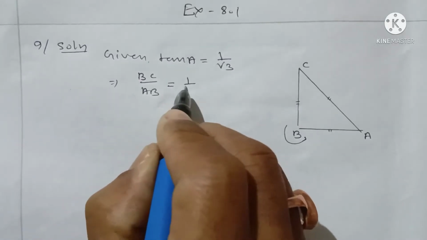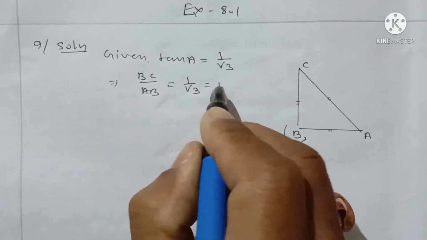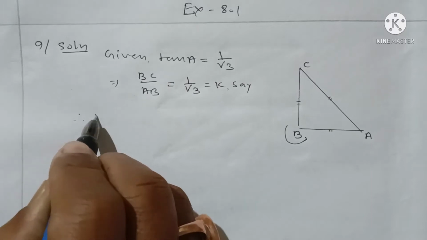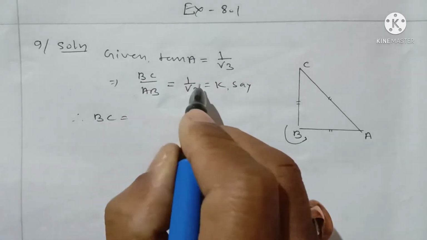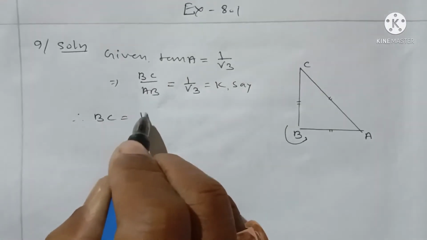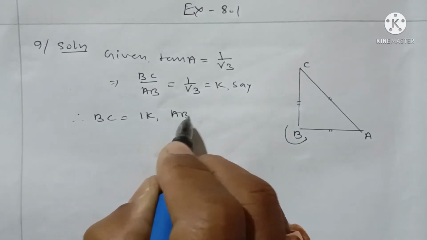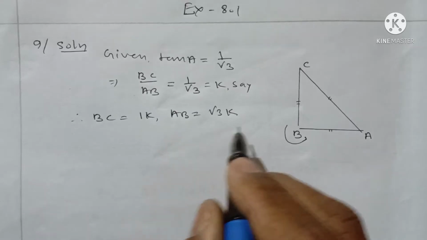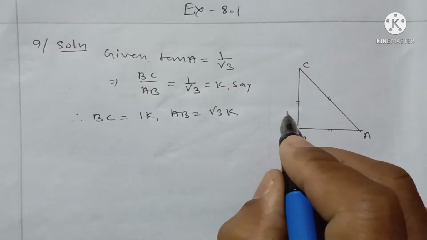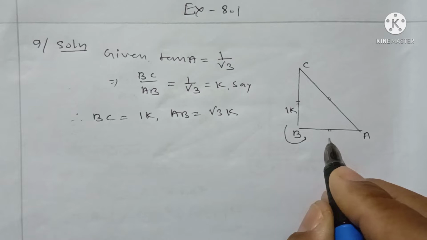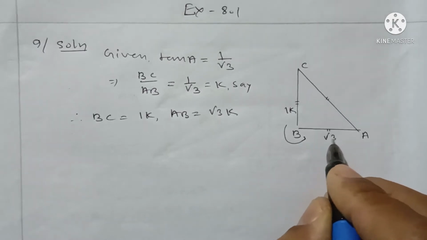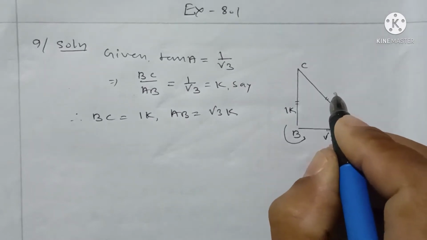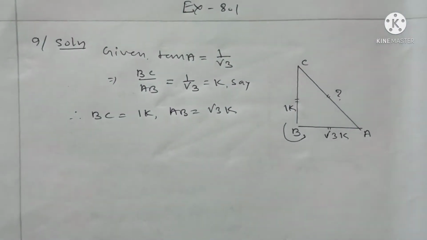This is equal to 1 by root over 3, this is equal to K. Then we'll take BC is equal to 1K, AB is equal to root over 3K. We have to find the hypotenuse, this side.